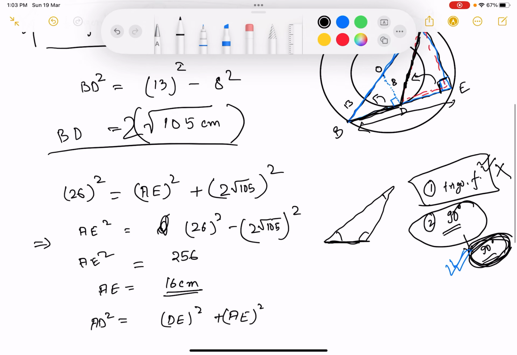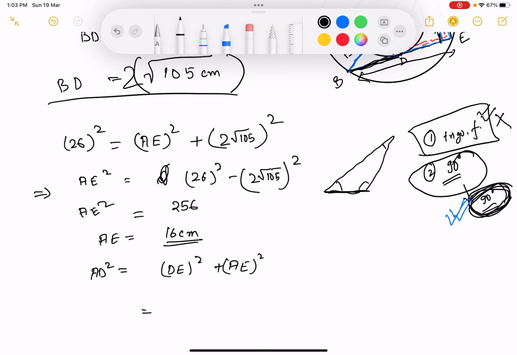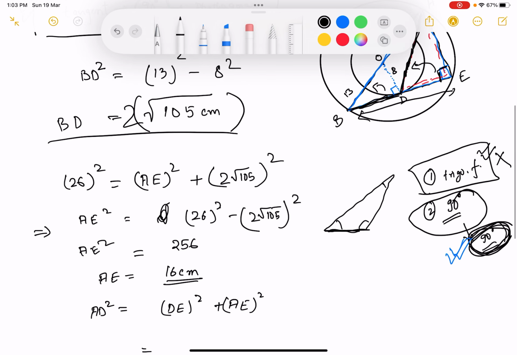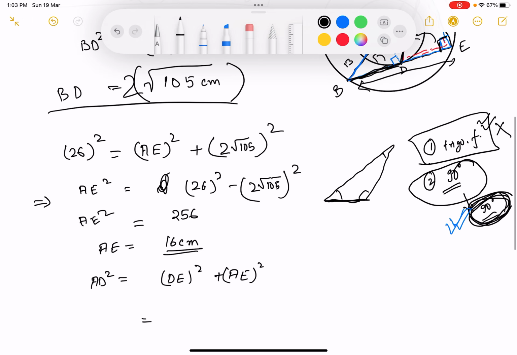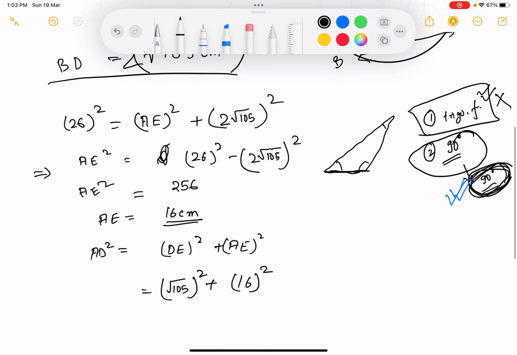So obviously we can find AD square. DE and BD are equal. So AD square is under root of 105 whole square plus AE square, which we have already derived, 16 square. Okay, so we can always simplify this, and AD is equal to 19 centimeter.